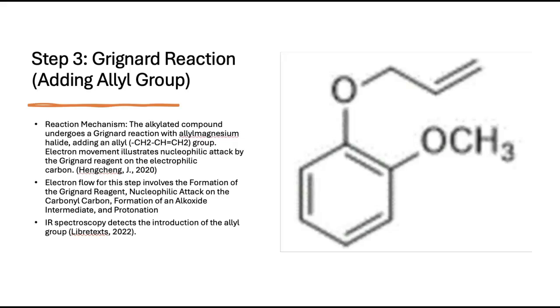This reaction is widely used in making pharmaceuticals like eugenol. Electron flow for this step involves the formation of a Grignard reagent, nucleophilic attack on the carbonyl carbon, formation of the alkoxide intermediate, and protonation. IR spectroscopy is used to detect the introduction of the allyl group.